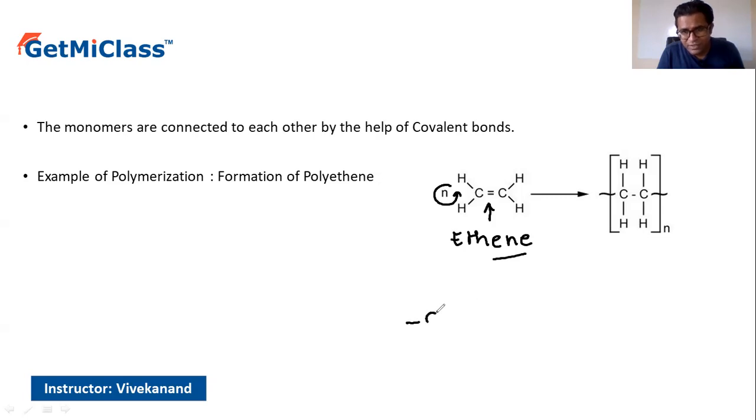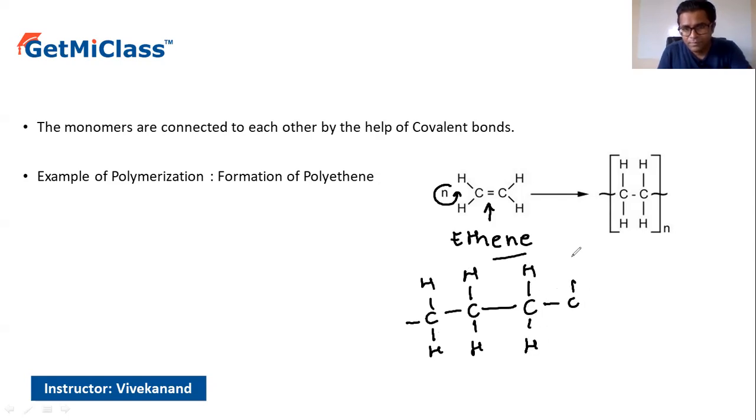The chain-like structure looks something like this. The double bond gets converted into a single bond so that it gets connected to the next molecule, something like this. So this chain goes on continuing depending upon the number of ethene molecules that we have.